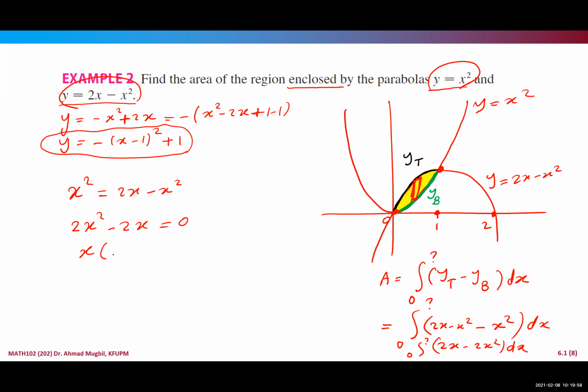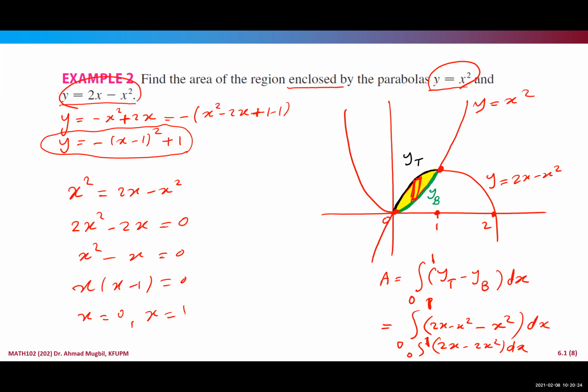You will have x times (x minus 1) equals 0. This is x equals 0 and x equals 1. These are the intersection points, this one and this one. So these are going to be my limits of integration. So you are right, it was from 0 to 1, and now you are sure about it.